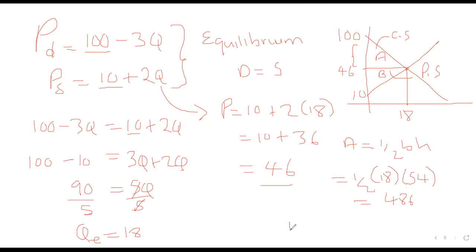And the producer surplus, B, is half times 18 times what? What is the distance from here to here? 86. So we get 324.